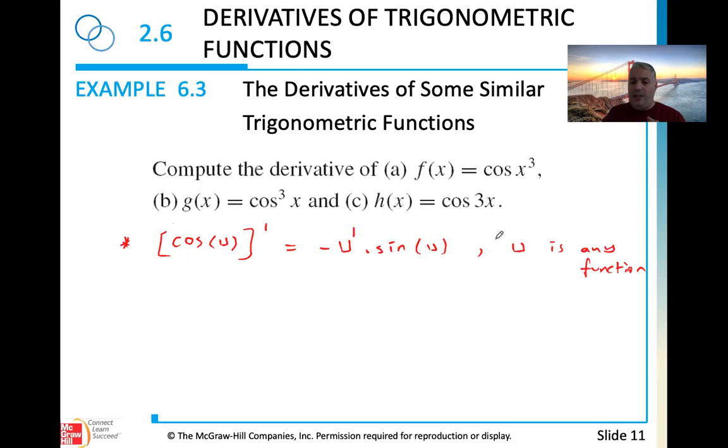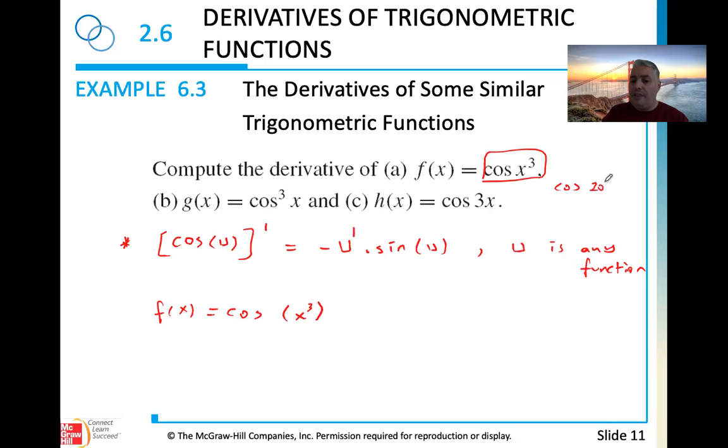So in my question, f of x is equal to cosine of x cubed. This question is the same as this one. Is there any difference between them? Cosine of x cubed, for example.